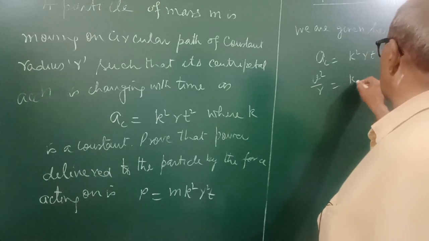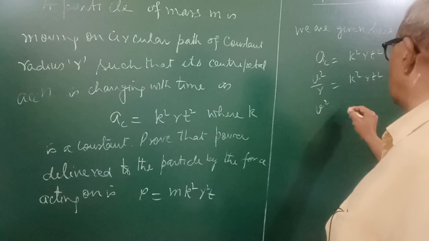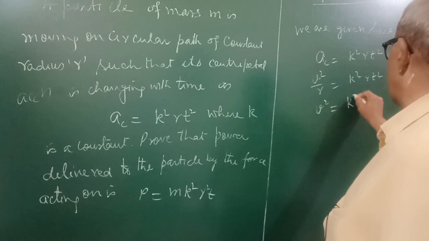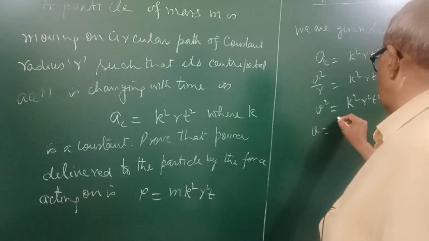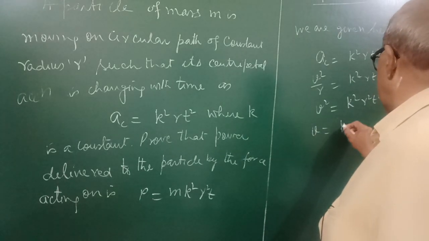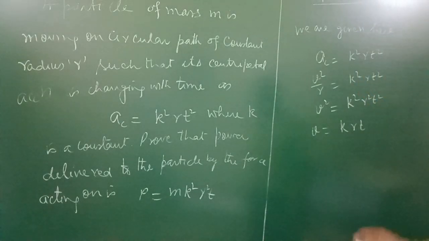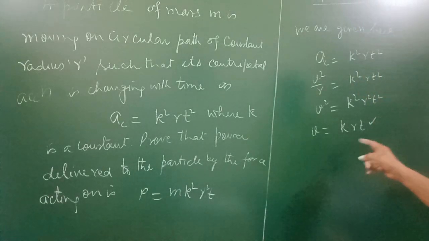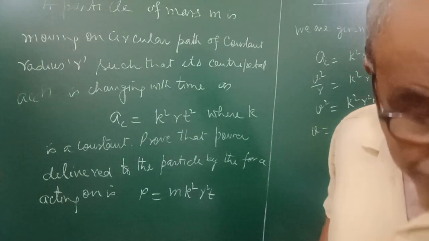So it is k squared r t squared, so v squared equals k squared r squared t squared, and hence v equals k r t. This is the velocity at time t. This equation shows that velocity changes with time t.